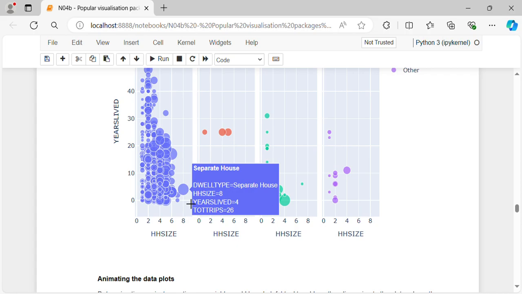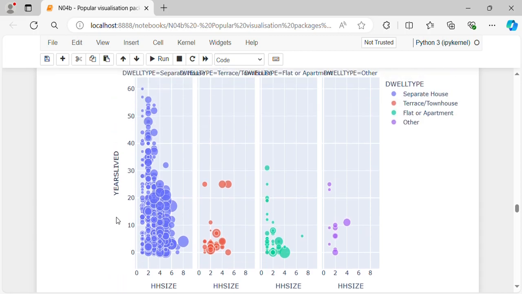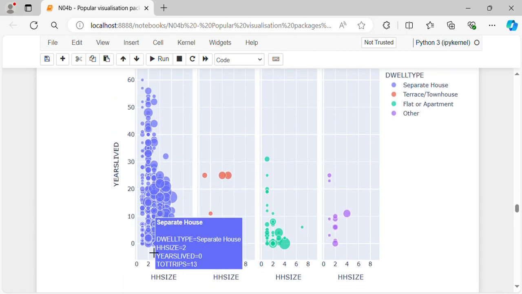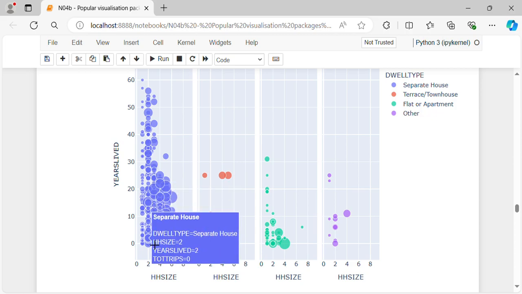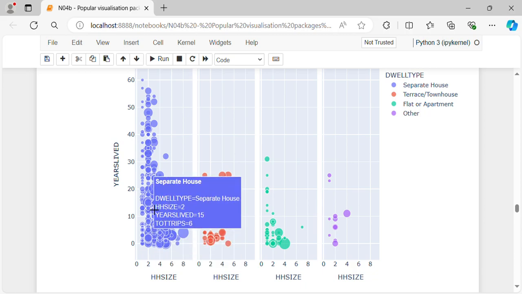So we can see that for 0 to 2 household size, the number of trips made is much less than compared to the higher household size.